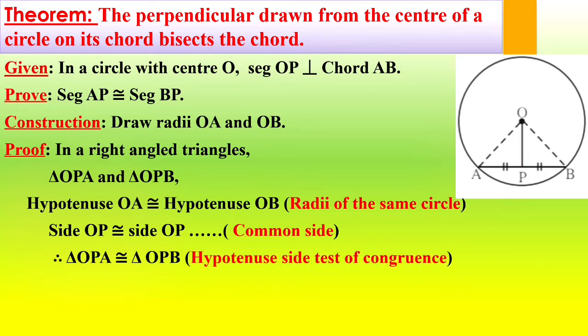Therefore, we can say triangle OPA is congruent to triangle OPB by hypotenuse side test of congruence. So, segment AP is congruent to segment BP by corresponding sides of congruent triangles.